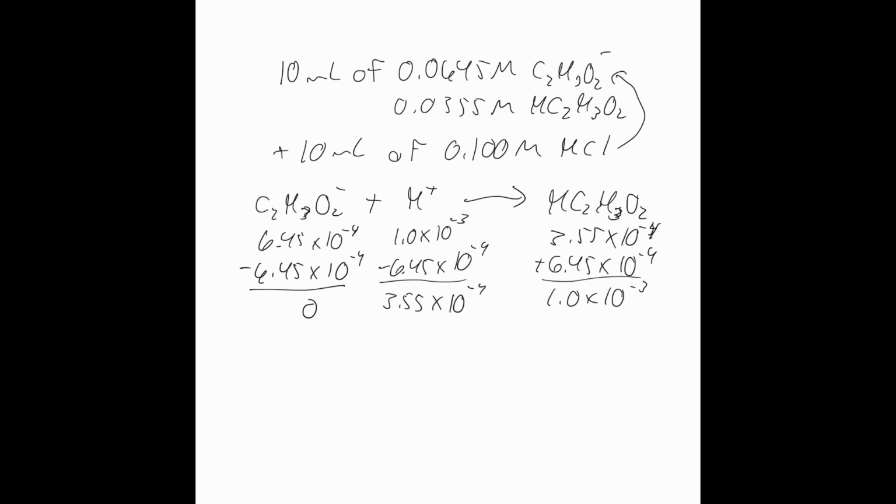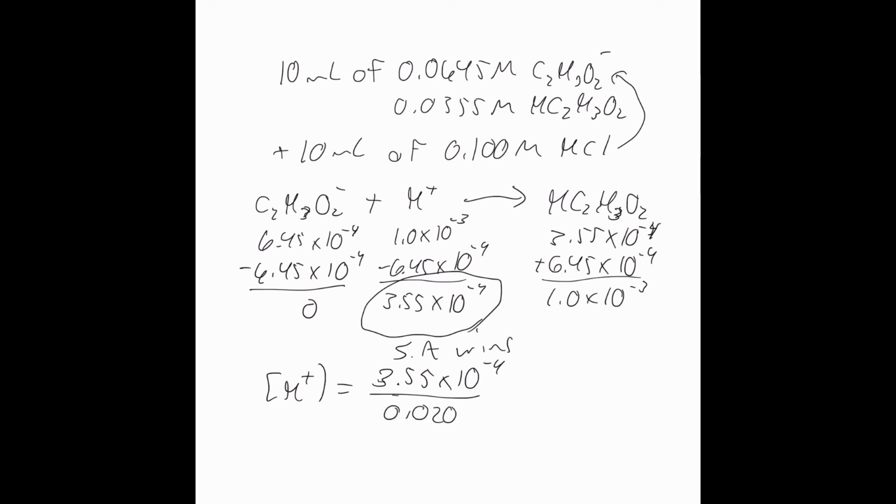Now we have a weak acid and we have a strong acid. Strong acid wins. So our concentration of H+ is going to be 3.55 times 10 to the minus 4 divided by our total volume, which is now 20, so 0.02 liters.